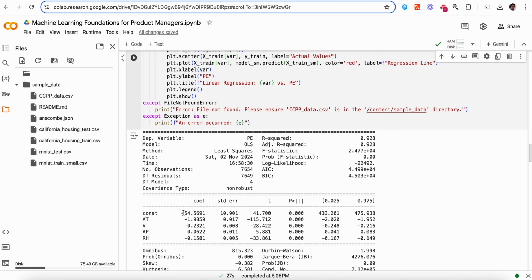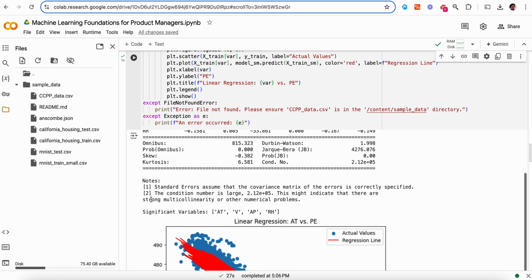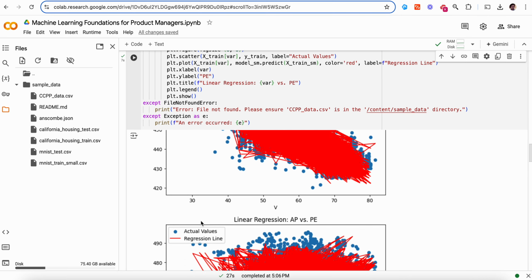So it's 454 plus minus 1.99 times average temperature minus 0.23 times the vacuum value plus 0.06 of the average pressure minus 0.16 of the relative humidity would give you the electrical output, which is PE. That's the equation. Some graphs that show it.